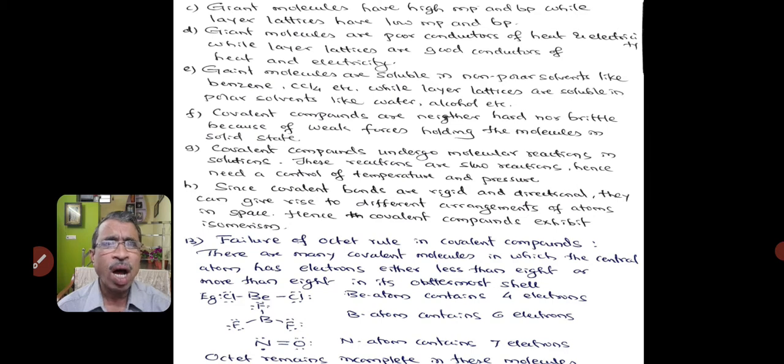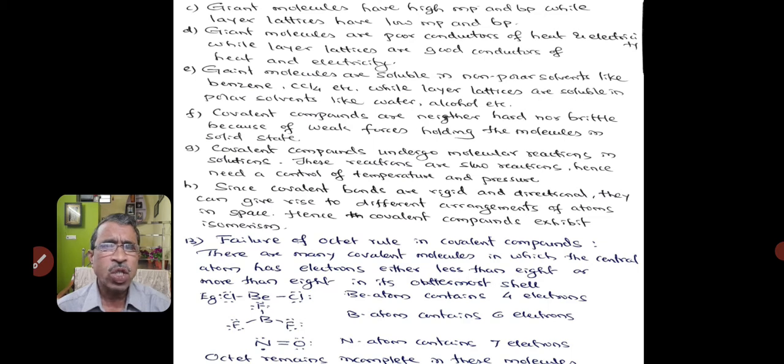Covalent compounds are neither hard nor brittle because of the weak forces holding the molecules in the solid state. Covalent compounds undergo molecular reactions in solutions. These reactions are slow, hence they need control of temperature and pressure.